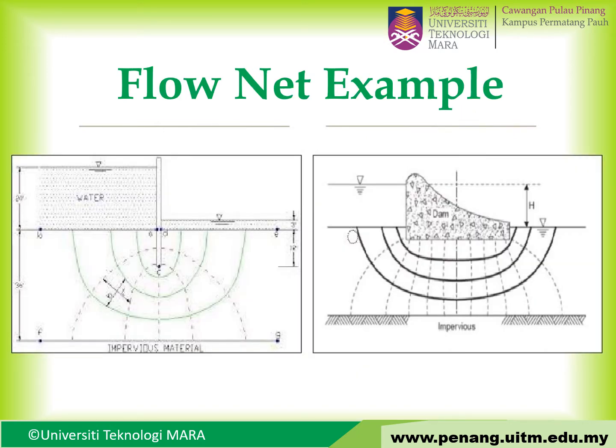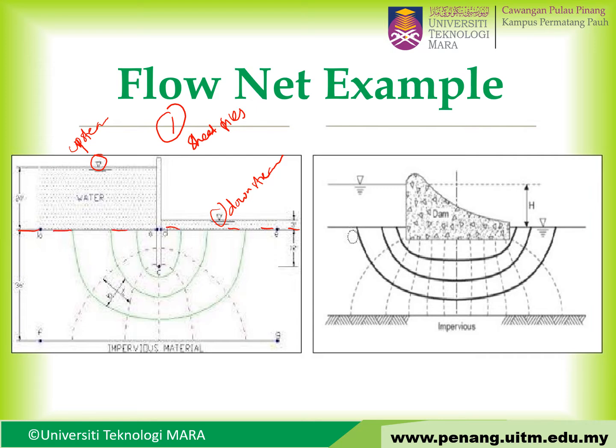Alright guys, this is an example of a flow net. The first one is for sheet piles. If you see here, this one is upstream and this one is downstream. As you know, the water flows from the upstream to the downstream. This one is the ground surface.